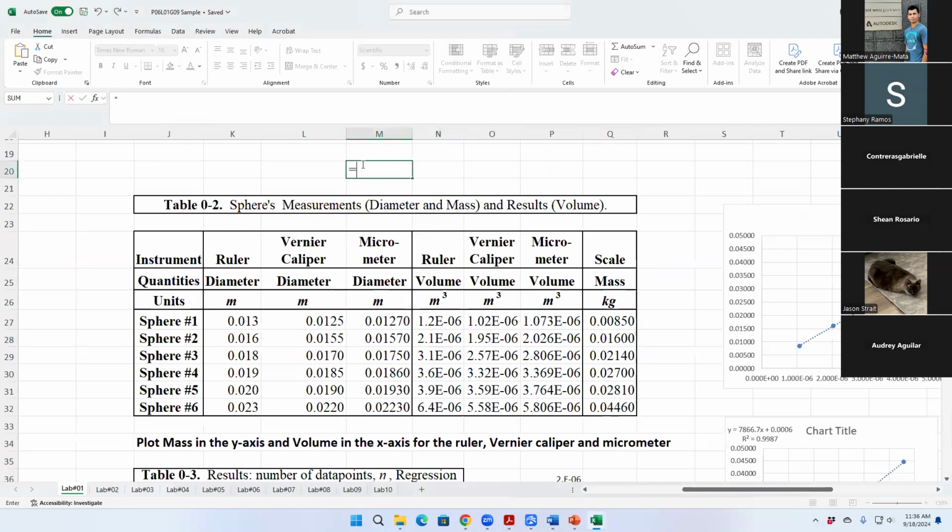You could type it like 1/6 pi times the diameter. The diameter in this case for the ruler would be this one. That's another way. How do you type your equation there, Jeremiah?